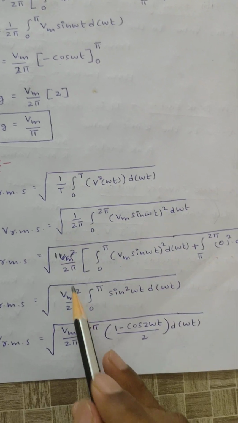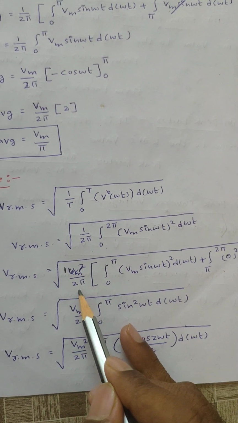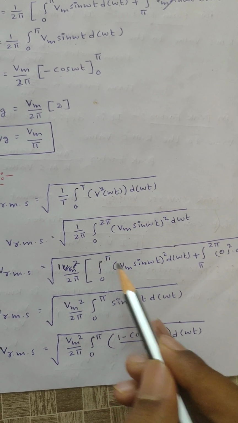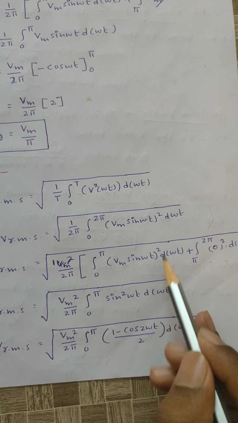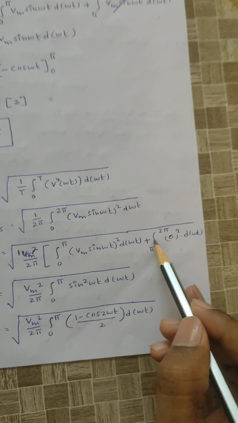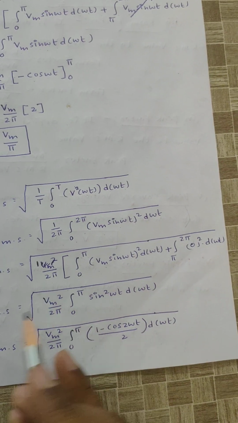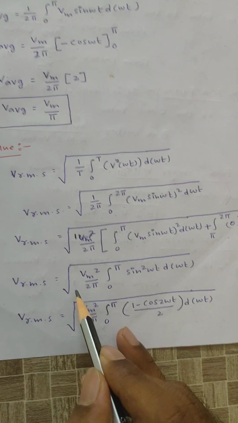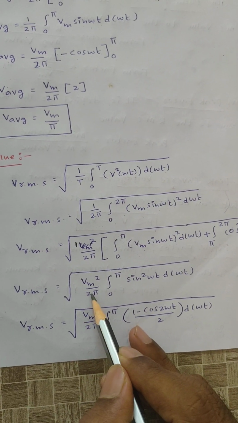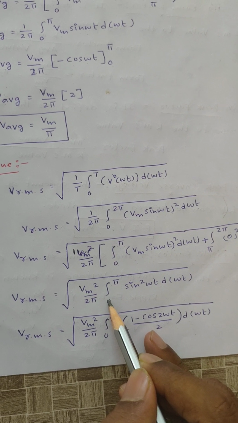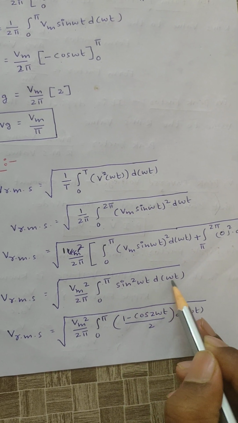From pi to 2 pi will be 0, right? That is 1 by 2 pi integration 0 to pi Vm sin omega t whole square into d omega t plus pi to 2 pi 0 square into d omega t, right? That is Vrms is equal to under root Vm square by 2 pi integration 0 to pi sin square omega t d omega t.